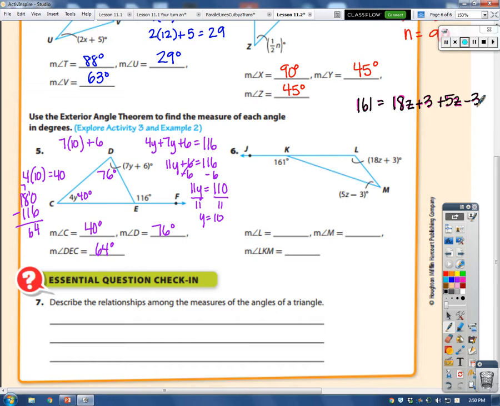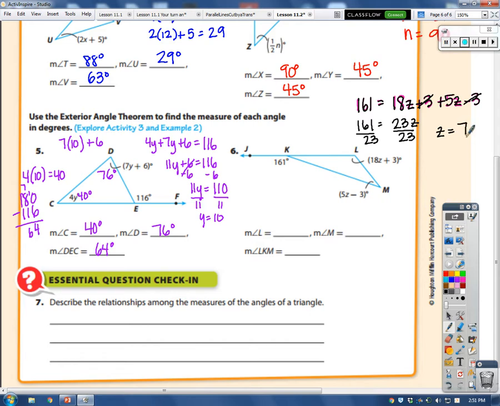Okay, so I'm going to combine my like terms here. And so I've got my 18z and my 5z, and that is 23z. So 161 equals 23z. And then plus 3 minus 3, that's 0. So now I just have, these will cancel each other out. So now I just need to divide by 23. And that's going to give me z equals 161 divided by 23, which is 7.